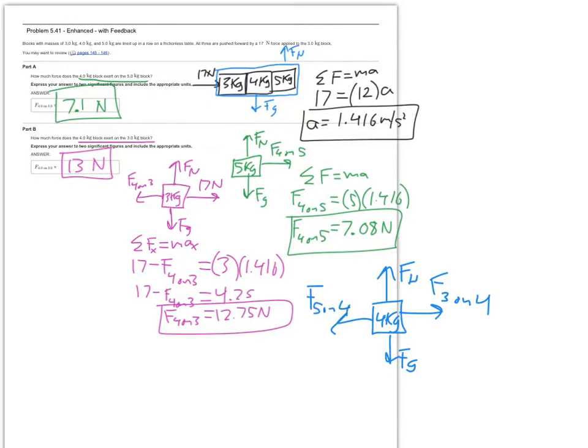So we could do our F equals ma with that one. What ends up happening though is these are both third law pairs. So the force of the 4 on the 5 and the force of the 5 on the 4 are the same, and the force of the 3 on the 4 and the force of the 4 on the 3 are also the same. So we could have solved for this force. That would have also been 13 newtons, our answer to part B.